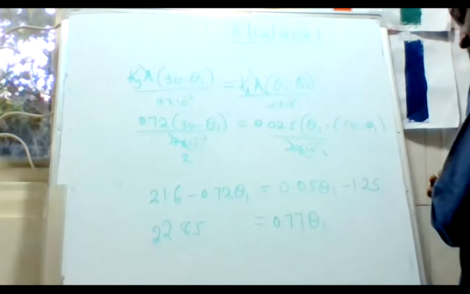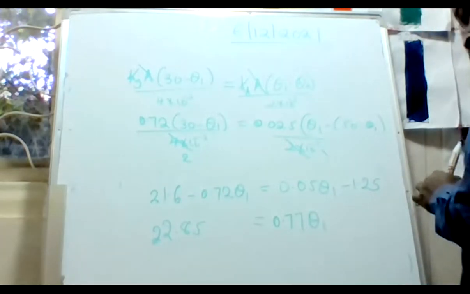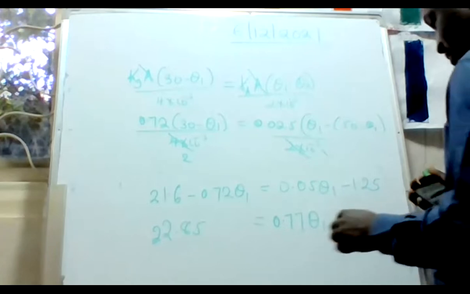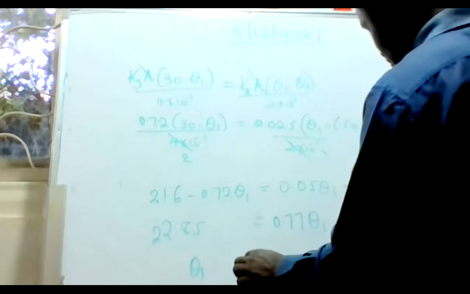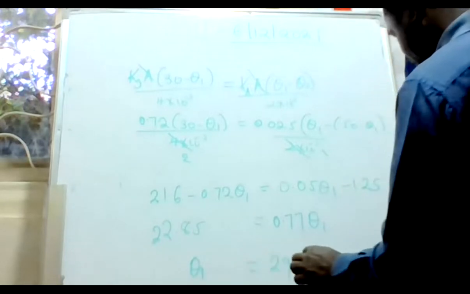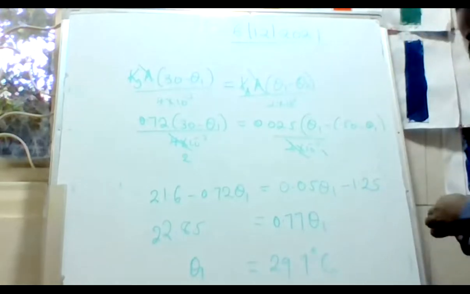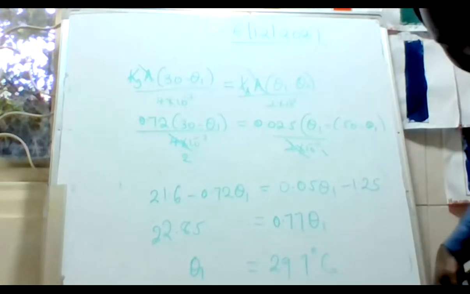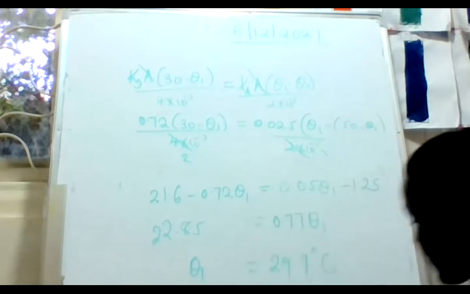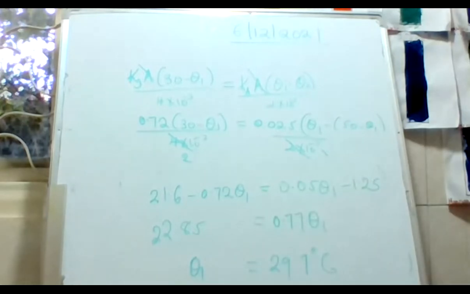If I divide 22.85 by 0.77, theta 1 will be equal to 29.7 degrees Celsius. That's theta 1. Finding theta 1, I can put it here to find theta 2.